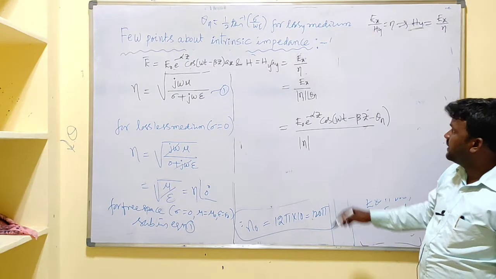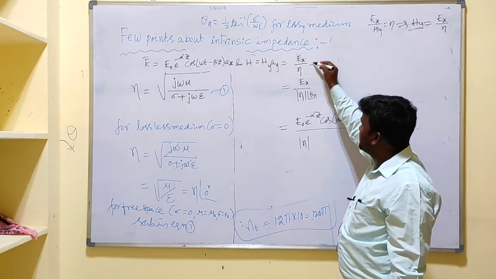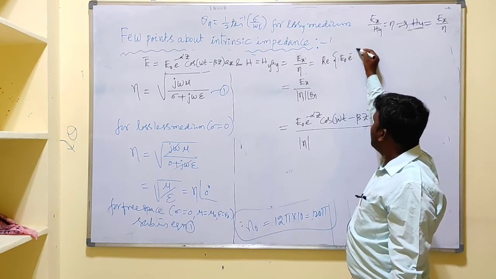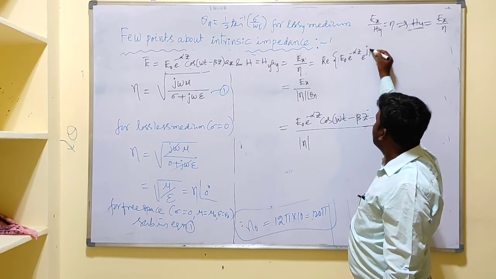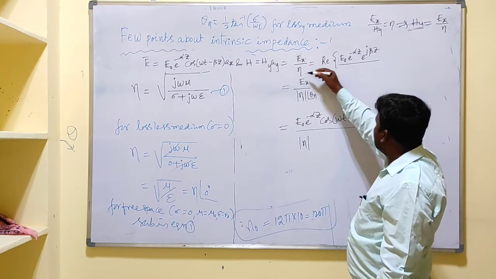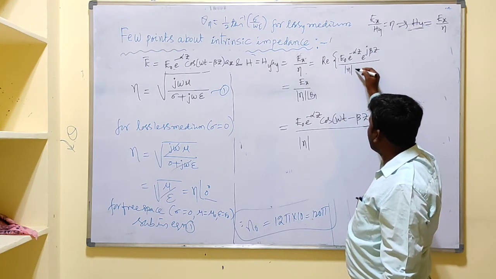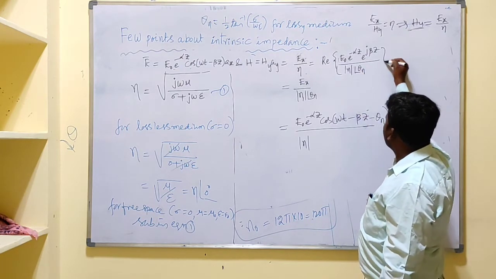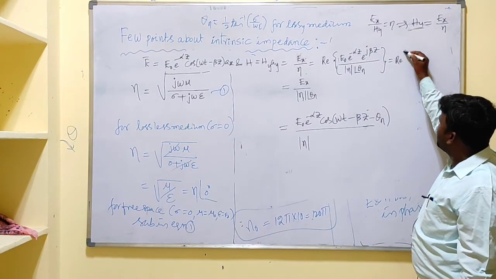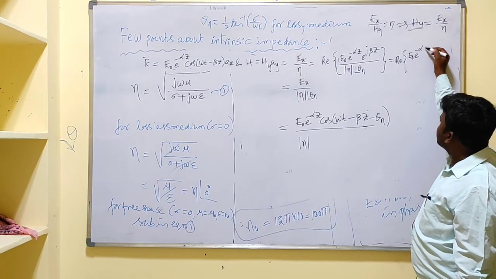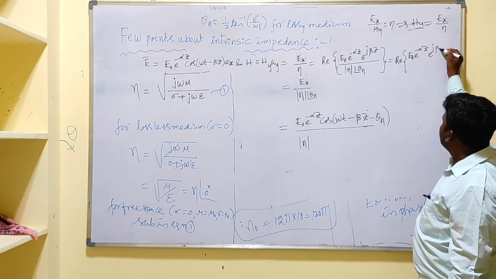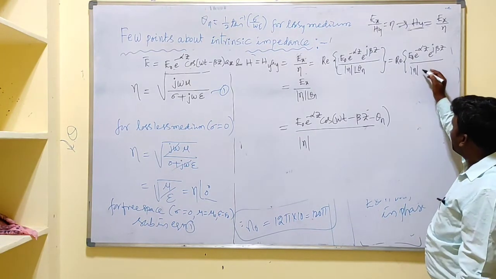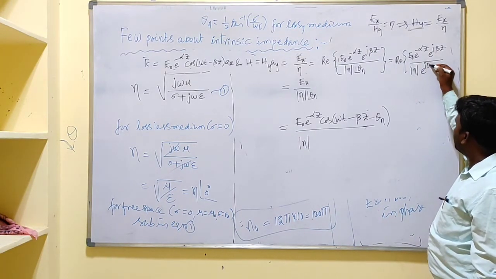Or else, here itself we can write this as the real part of E naught e to the power minus alpha z e to the power j beta z by eta, where eta is mod eta at an angle of theta eta. That can be written as the real part of E naught e to the power minus alpha z e to the power j beta z, divided by mod eta e to the power j theta eta.